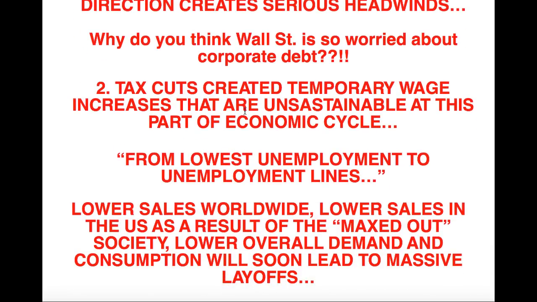Well, tax cuts created temporary wage increases. I'm not sure if you remember, but when all the media was applauding the tax cuts and everybody was so happy, when all the companies started announcing the minimum wage increases voluntarily, I might say.